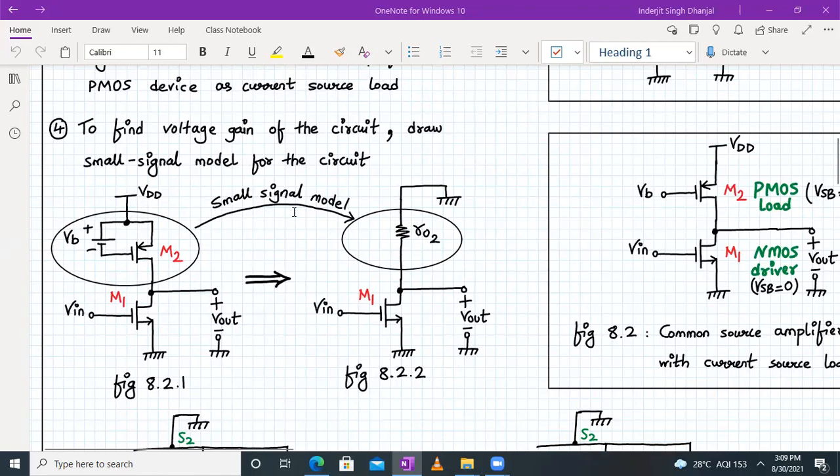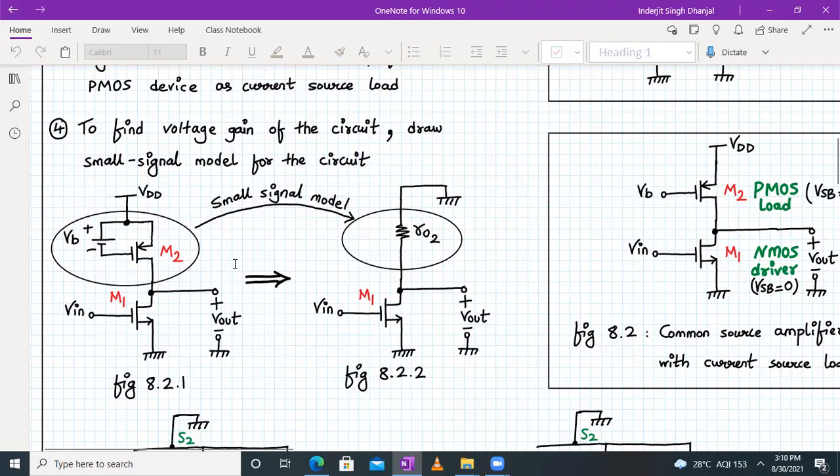That was an important observation we made in lecture 8.1: if you have a current source and it is in saturation, between the drain and source we can connect a resistor RO. The supply voltage in a small signal model becomes ground, so you have a ground here, and between the drain and source we have connected a resistor RO2. That is the small signal model for M2 only.